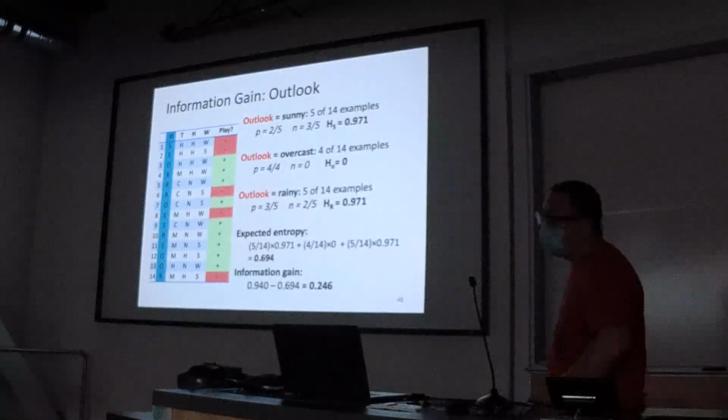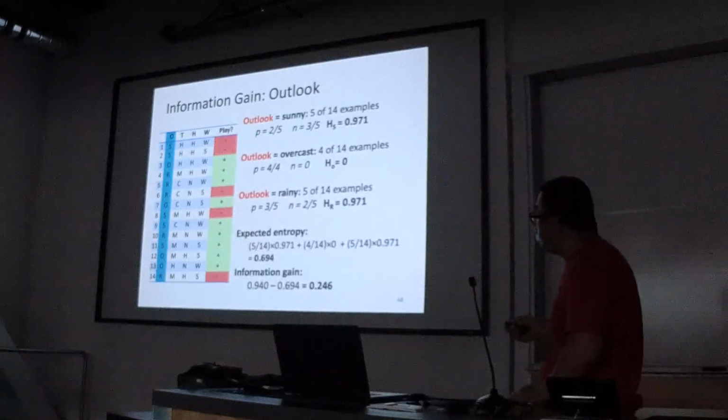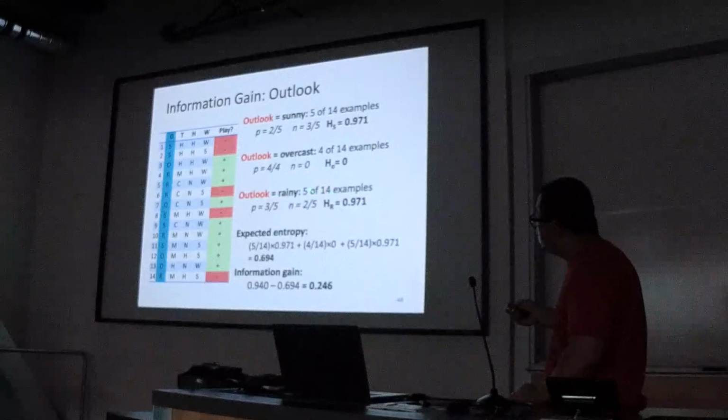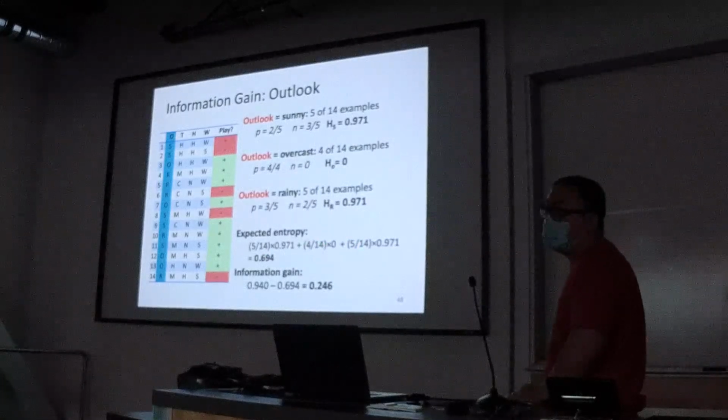And now we'll calculate the expected entropy by weighting the size of each subset. We know that the outlook sunny subset has 5 examples, overcast 4, and rainy 5. So their weights are 5 over 14, 4 over 14, and 5 over 14, respectively.